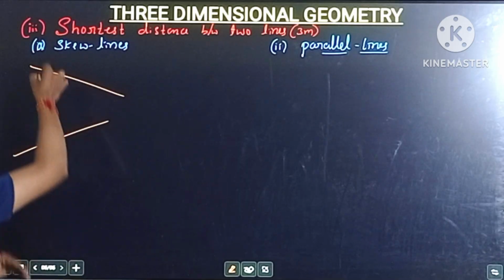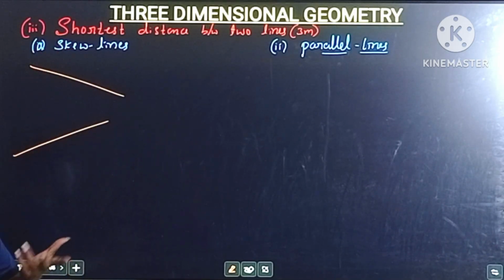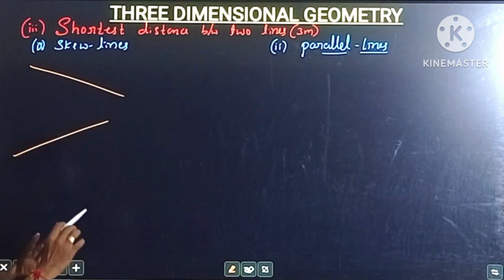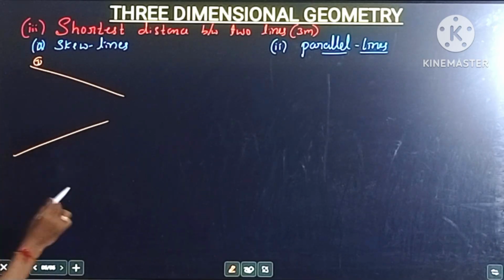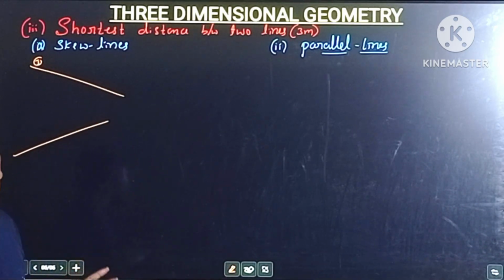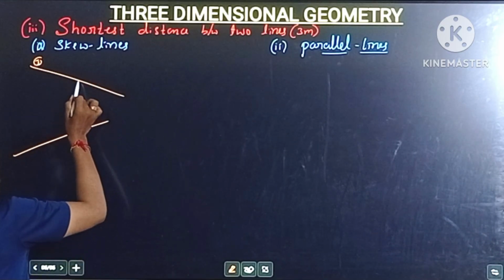This is a 3D figure, we can't show it in a plane, so just feel it. This first line moves in this direction and the second line moves in this direction. It means they never intersect and they are never parallel. Therefore these two lines are skew lines, and we need to identify the distance between these two lines.